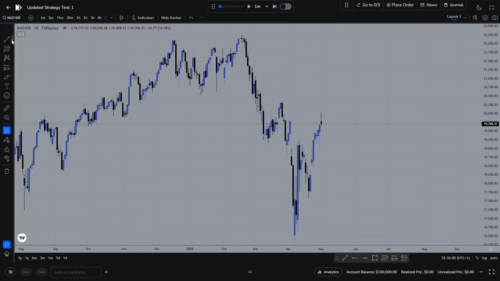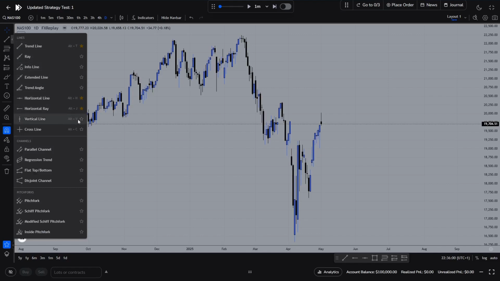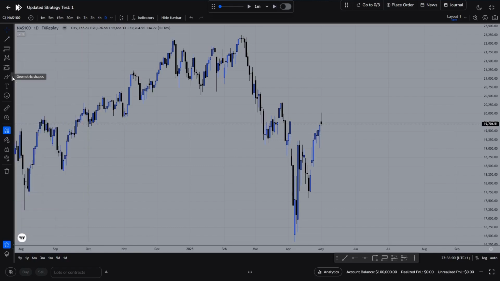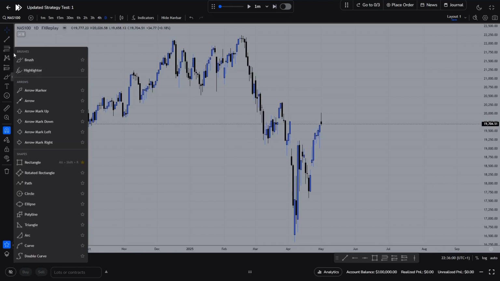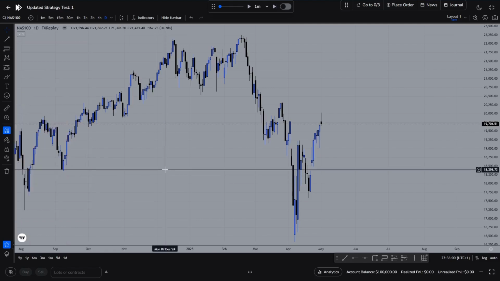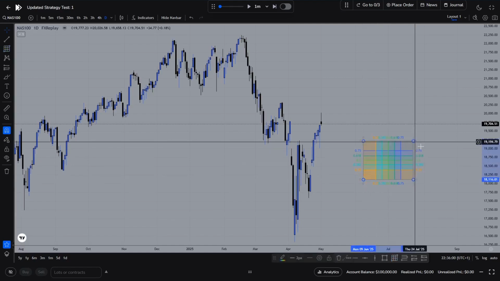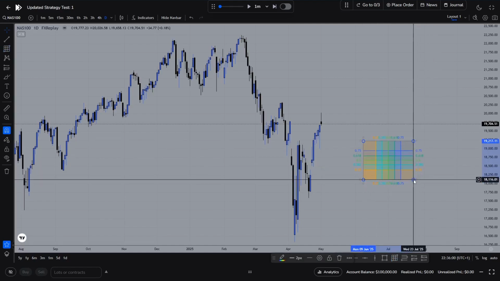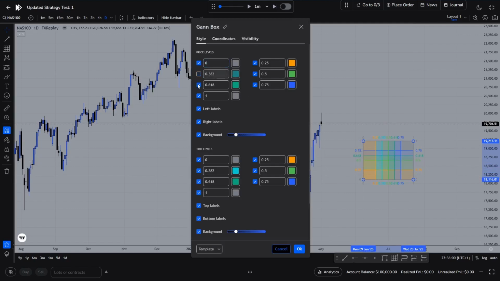Alright, what I need to add is a vertical line. Box. Don't think I've edited this one yet. Yeah, I haven't edited it. Let me edit it real quick.